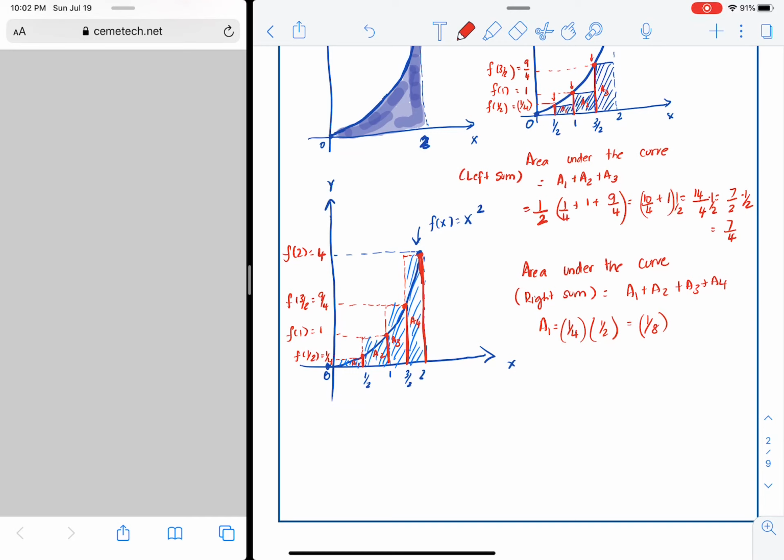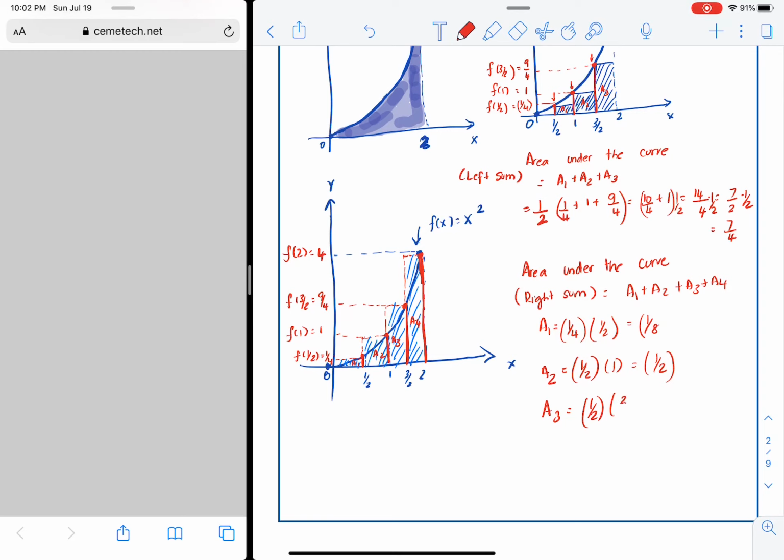So now A2 would be the width is 1/2. The height for the second rectangle is 1. So we get 1/2. A3, the width is still 1/2.